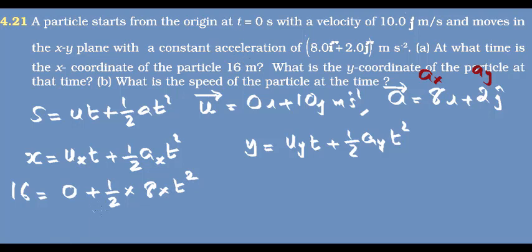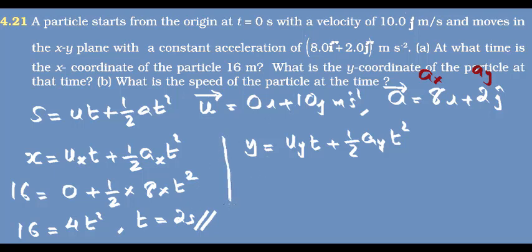We can see this 2 cancels this 8 to 4, so that will give you 16 equal to 4t square. So t square is 4, which will give you t equal to 2 seconds. So the particle will have x coordinate equal to 16 meter when t equal to 2 seconds.